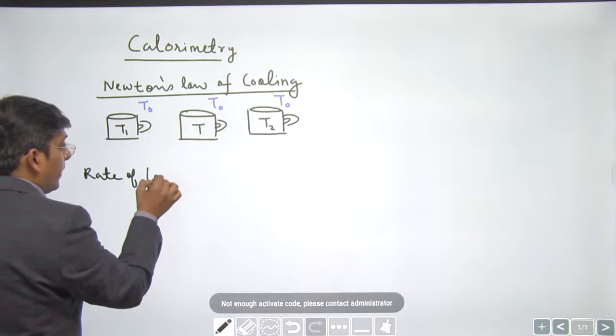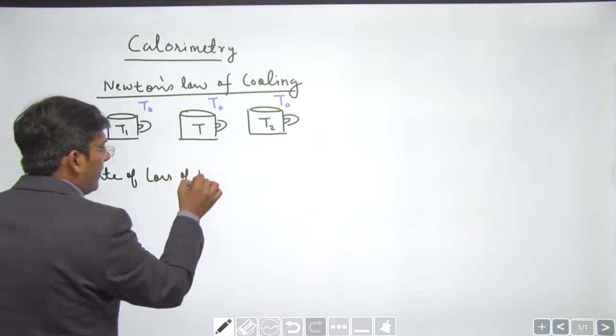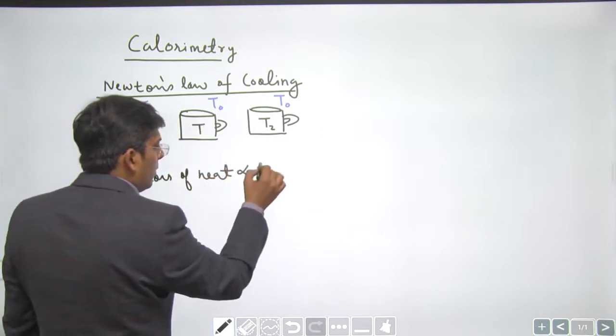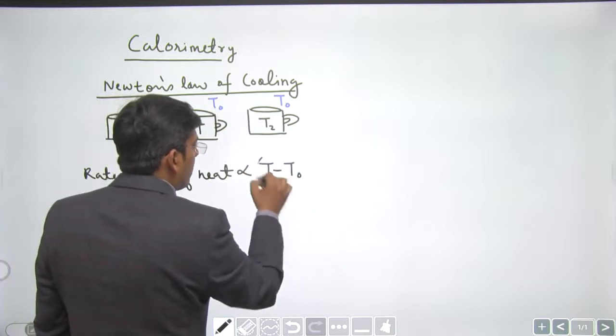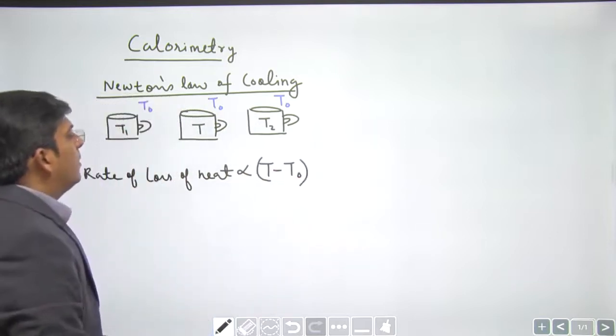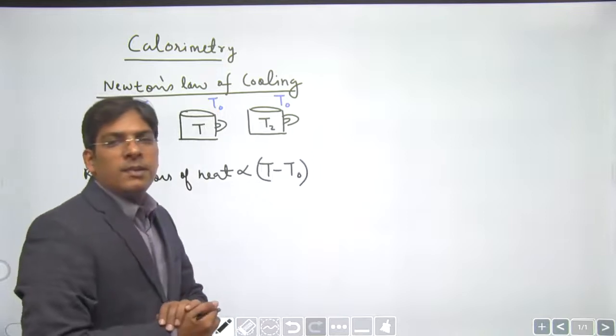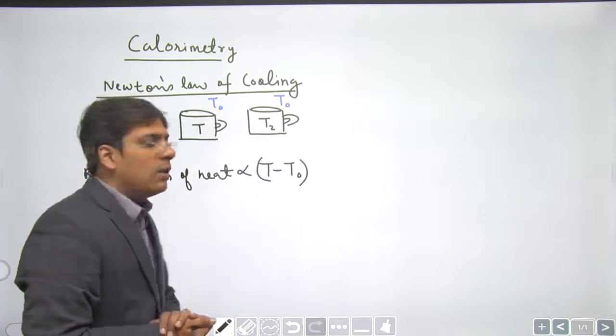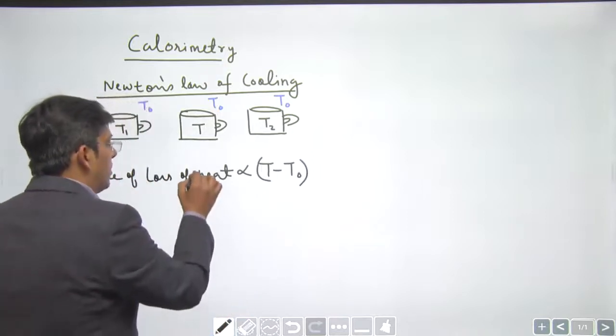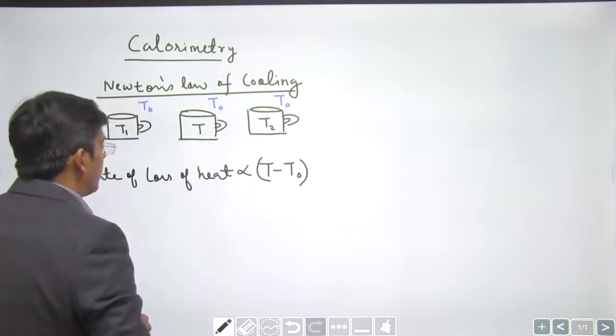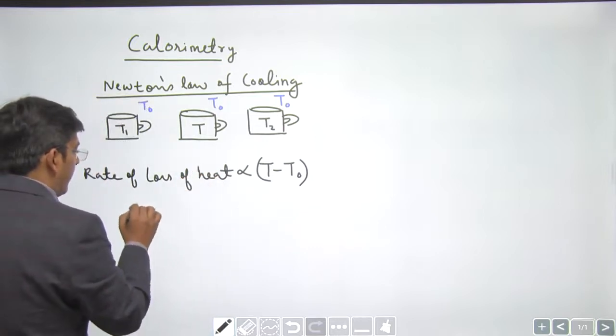Rate of loss of heat is directly proportional to the difference in temperature of system and surroundings. At an instant, if the temperature of the system is capital T and the temperature of surrounding is T0, then the rate of loss of heat is directly proportional to the difference in temperature of system and surroundings, right?